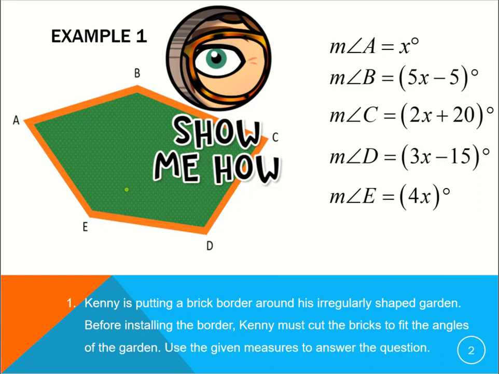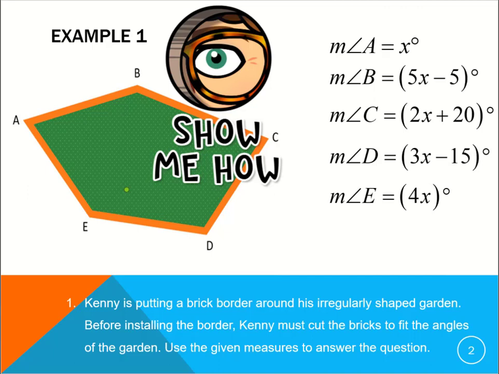It looks like this. Kenny is putting a brick border around his irregularly shaped garden. Before installing the border, Kenny must cut the bricks to fit the angles of the garden. Use the given measures to answer your question. So as you see, we have a polygon.